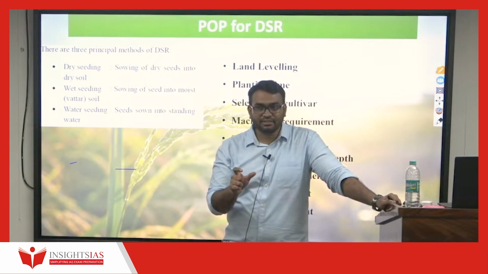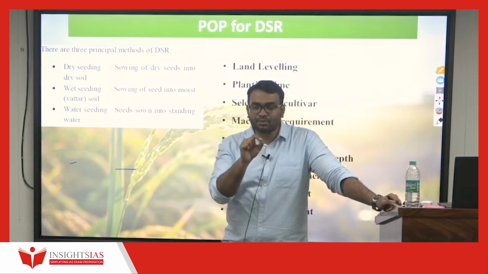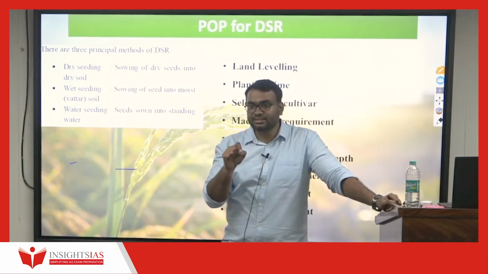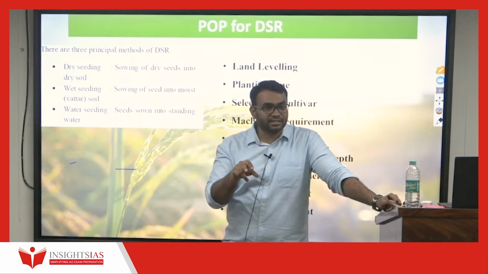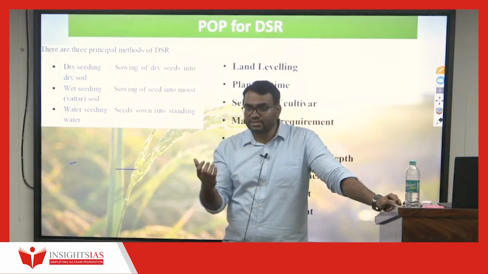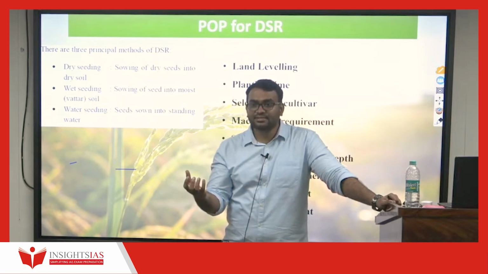Not maturity, it is about root hairs. See, for example, if you uproot any plant, you can observe small root hairs along with the main roots. These root hairs are very important for anchorage. The second thing is absorption of water and nutrients. While transplanting old seedlings, what will happen? Root hairs will be damaged. That's why there will be lower success rates in transplantation.